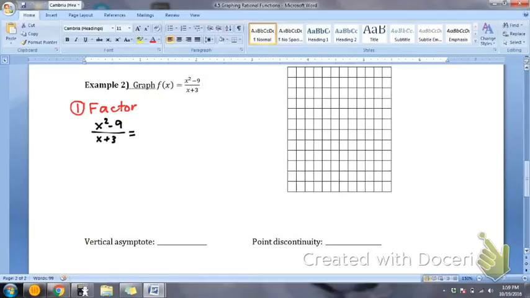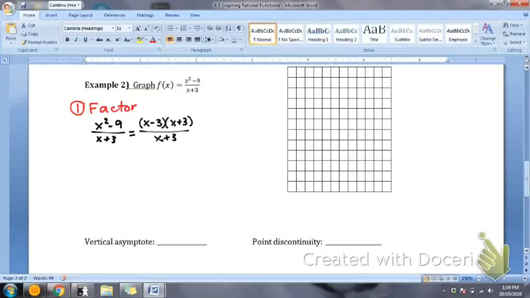What does x squared minus 9 factor to? X minus 3, x plus 3. Excellent. X minus 3, x plus 3. All right, say that a little louder, Brianna. The bottom is already factored. There's nothing else we can do there.